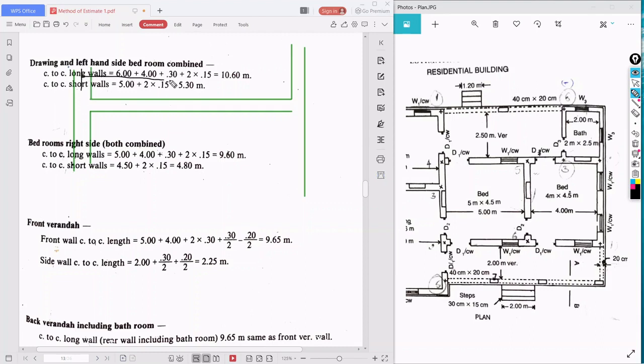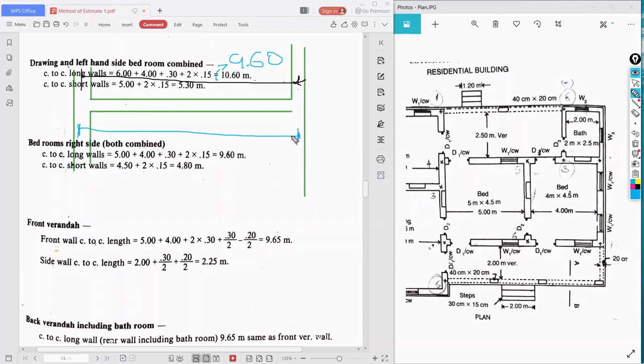So from this center to this center, the value is 9.60. Okay, so this is the bedroom part. What we need here is the center to center distance from this center to the center here.